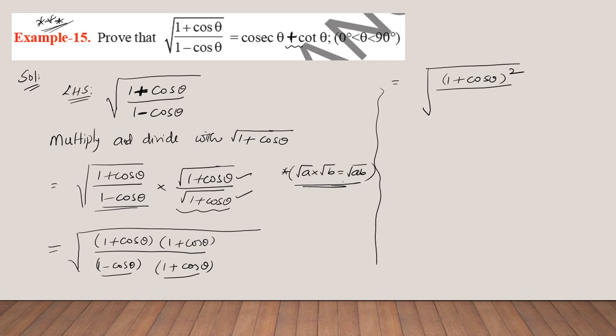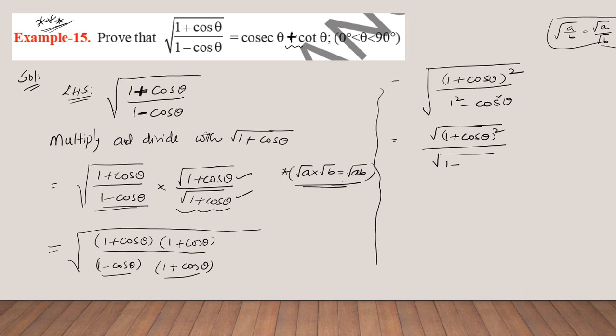So a minus b into a plus b I can write as a square minus b square. Now it is in the form of square root of a by b, and square root of a by b I can write as square root of a by square root of b. So you can split the square roots. Then I can write square root of 1 plus cos theta whole square, under the square root, divided by square root of 1 minus cos square theta.